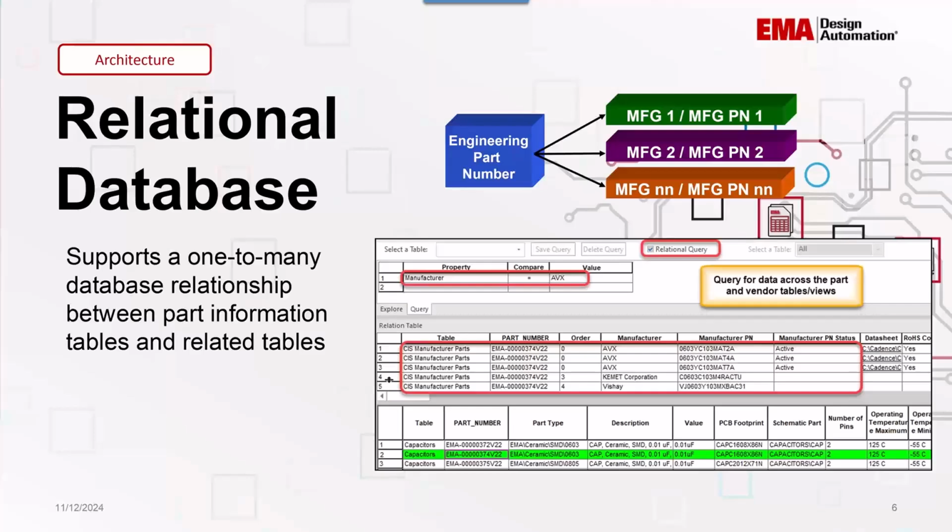If you can't buy that one, you can show in your BOM, this is the alternate I want to use instead. And you can even see here, you can give approval fields. You can say this is an active manufacturer part number. This is the data sheet for it. This part is RoHS compliant. All of that data now is in front of your design team. So you're not waiting, you're not building up your design and then reacting to using bad parts. You have the agency to find that data right off the bat.